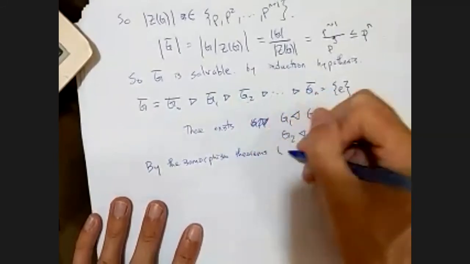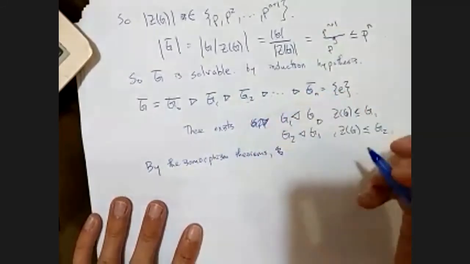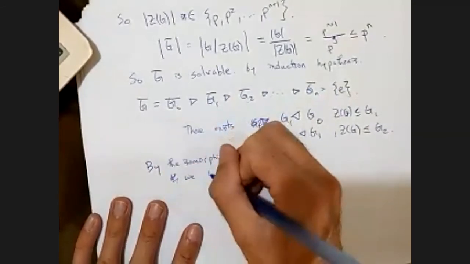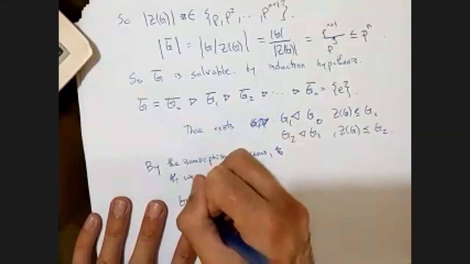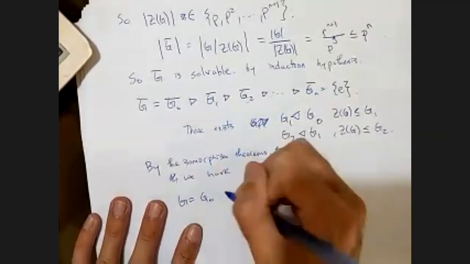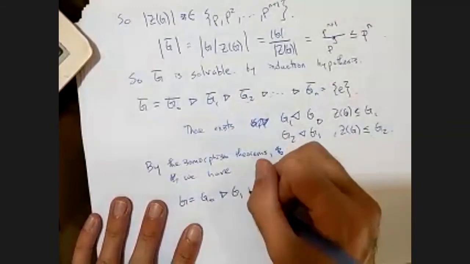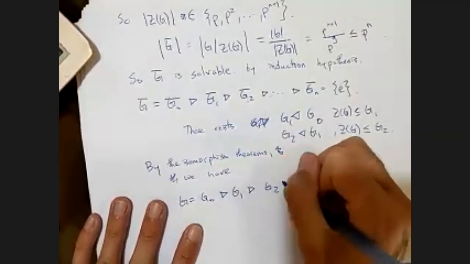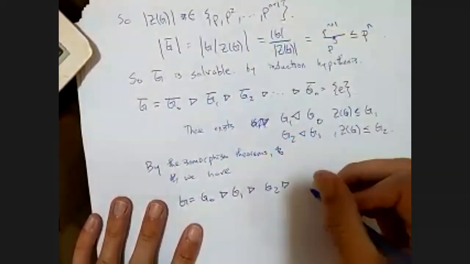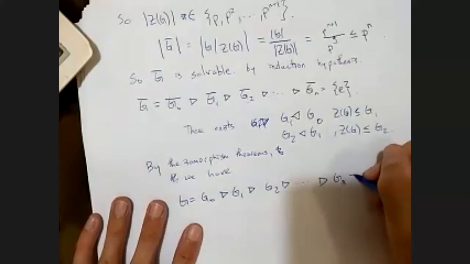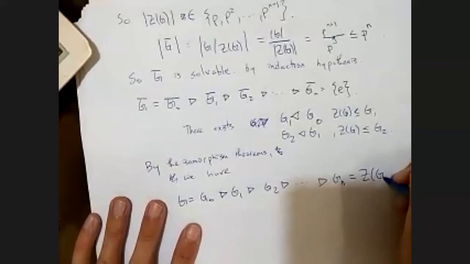Well, we can say that we have a normal series like this. G0 is at the top, and then we have a normal subgroup G1 and a normal subgroup G2 corresponding to G2 bar, and then all the way down to Gn, and Gn corresponds to the center of G.